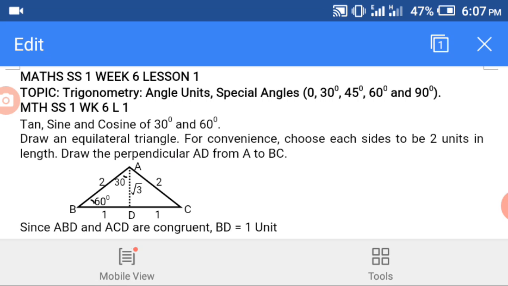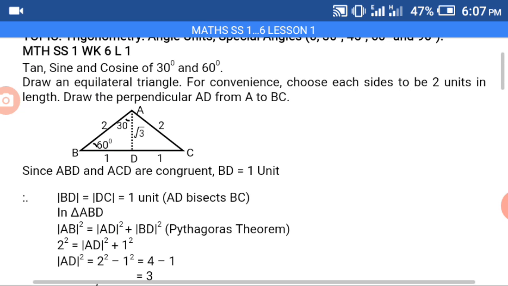For convenience, choose each side to be 2 units in length. Draw the perpendicular AD from A to BC.